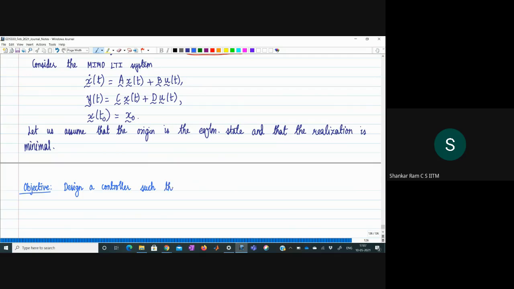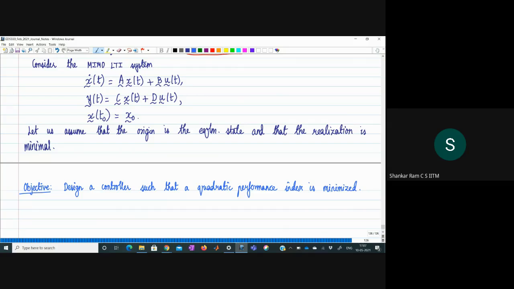We want to design a controller such that a quadratic performance index is minimized. That is the core objective behind the design of an LQR controller, and it is a very important aspect.